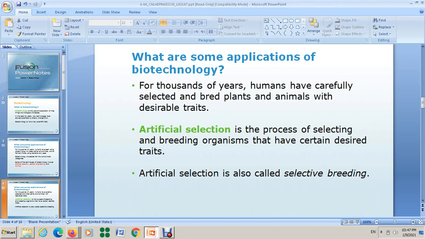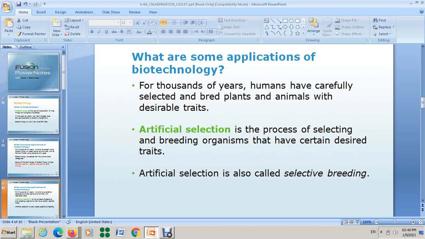Actually, for thousands of years, humans have carefully selected and bred plants and animals with desirable traits. For example, some cows have the ability to make a large amount of milk. So they start to breed only the cows that make a large amount of milk.